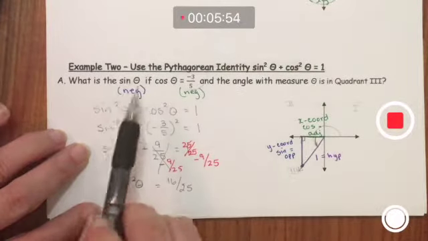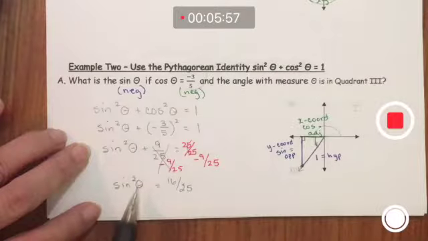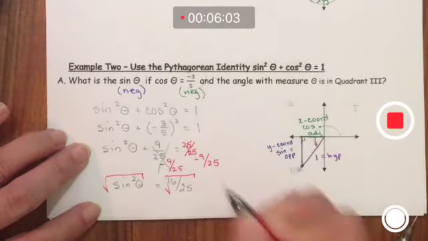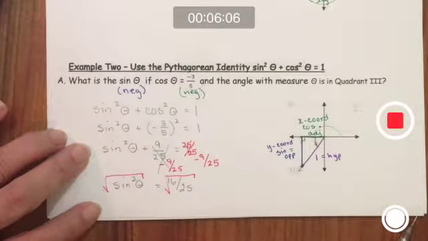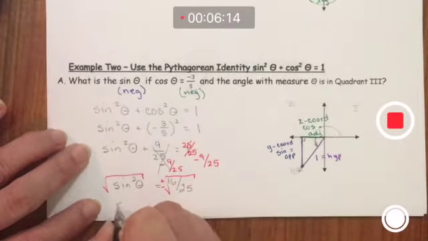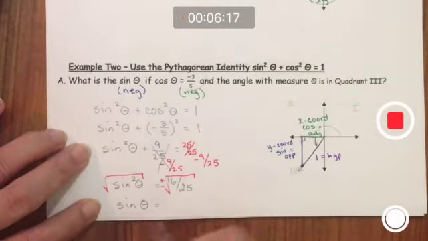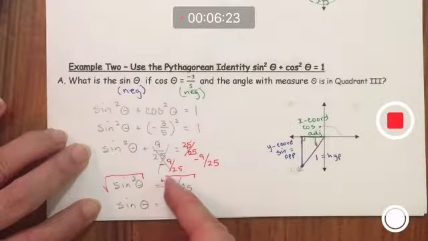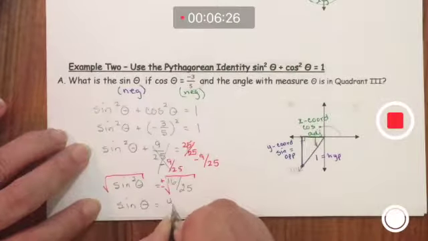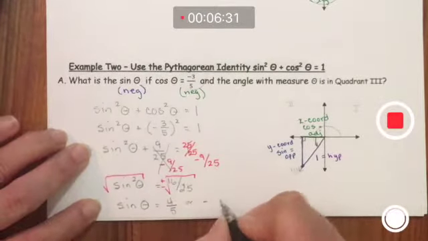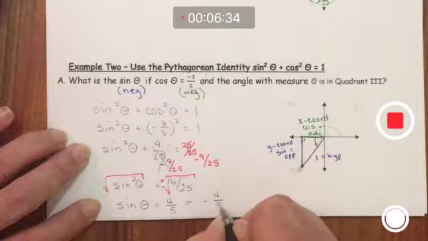So I want sine of theta, and right now I have sine squared. So we're going to take the square root of both sides of my equation. And I'm going to remind you that when you solve by taking the square root, we always have to consider the positive and negative possibility of the solution. So I've taken the square root of a square, so this gives me sine of theta is either going to be the positive square root of this ratio, so square root of 16 is 4, square root of 25 is 5, or the negative possibility of 4/5.